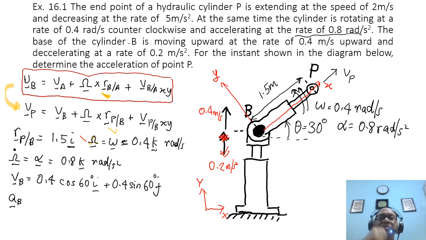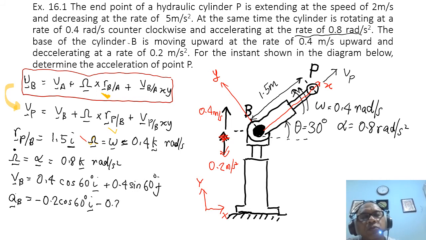So it's negative J, and also to the left and to the bottom. So it's negative 0.2 cos 60 degree I minus 0.2 sine 60 degree J. Unit is meter per second square. This is meter per second.